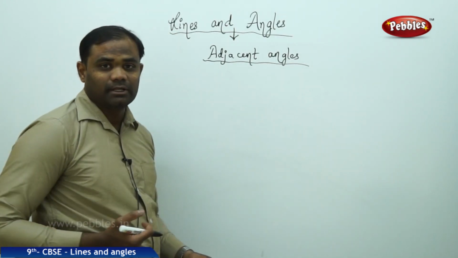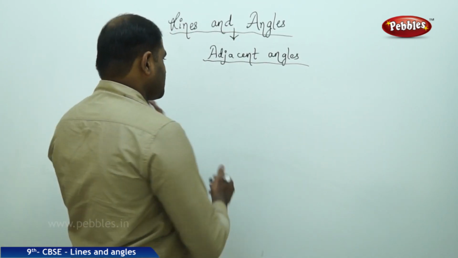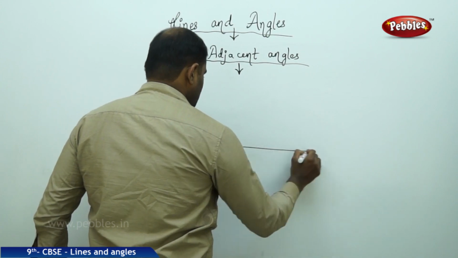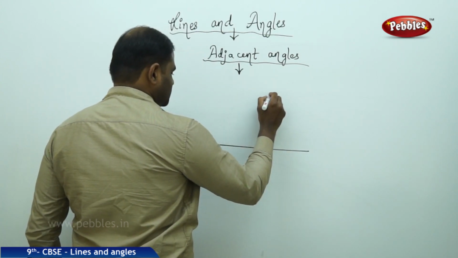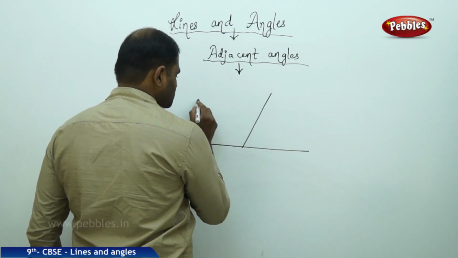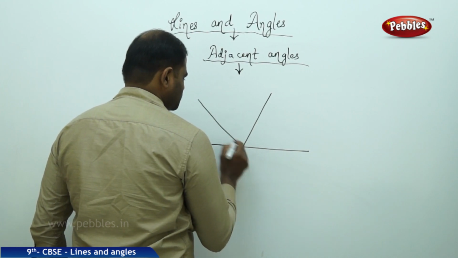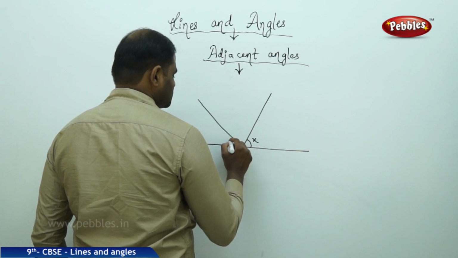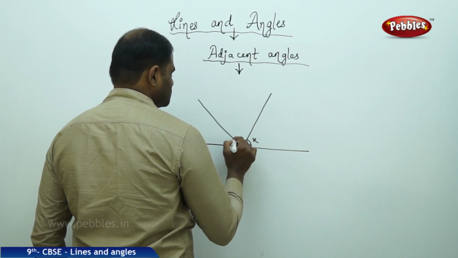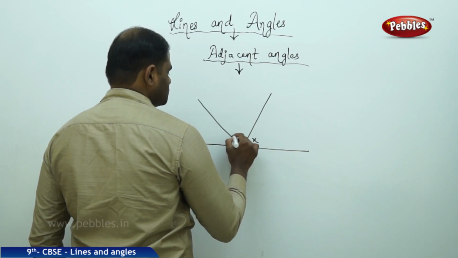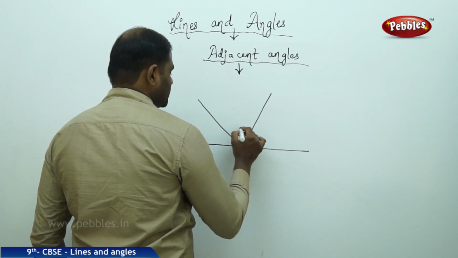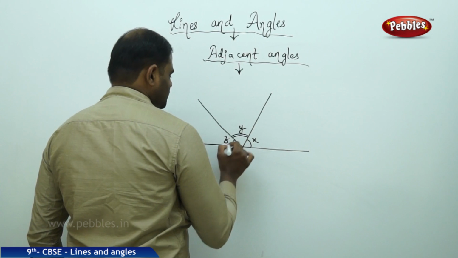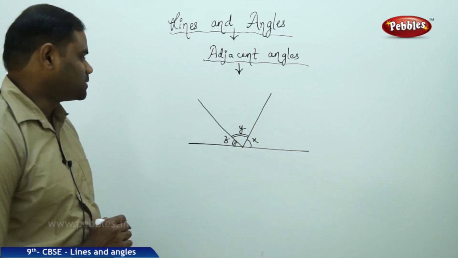For example, let's take an example case. I have two lines out here, where this angle is X and this angle is Y, and this angle is Z. XYZ.